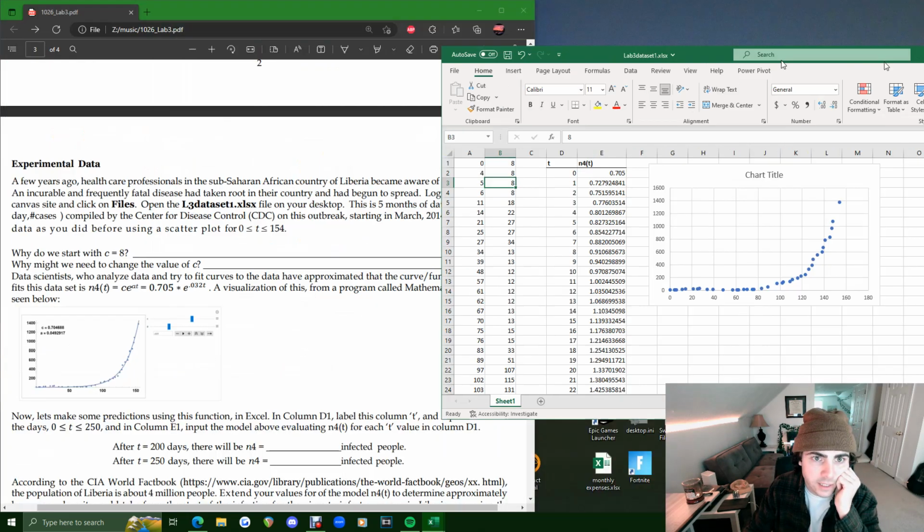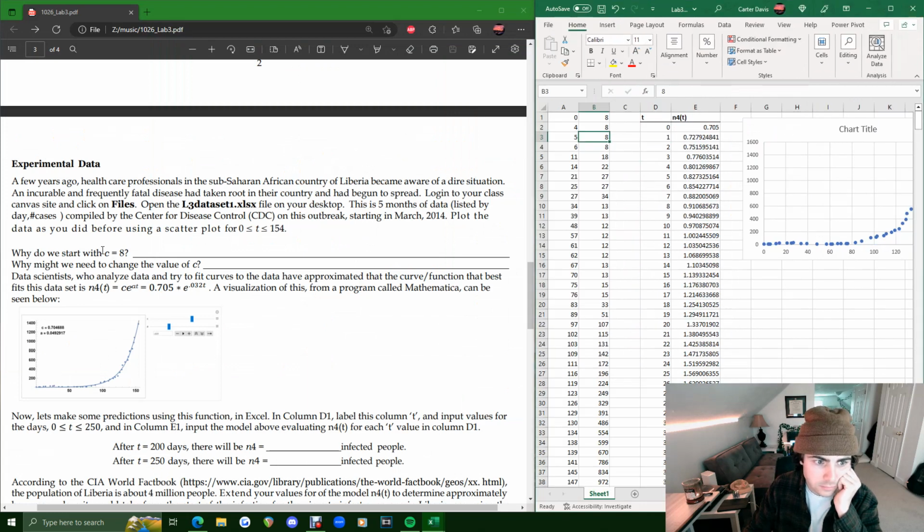The best way I can answer it would be that C equals 8 because the number of initially infected people in this situation was 8. That's probably the best I have. So 8 people were maybe initially infected, and then it eventually started to spread.